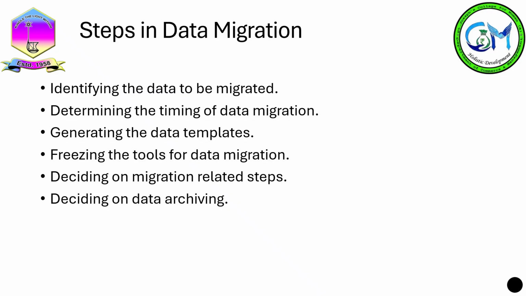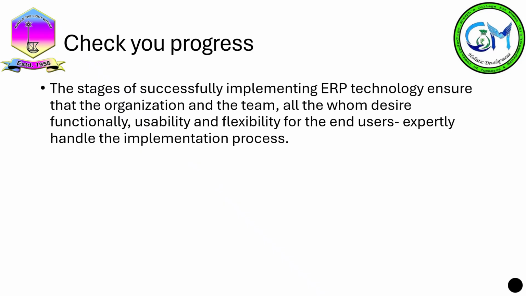The stages of successfully implementing ERP technology ensure that the organization and the team, all of whom desire functionality, usability, and flexibility for the end users, expertly handle the implementation process. Check your progress.